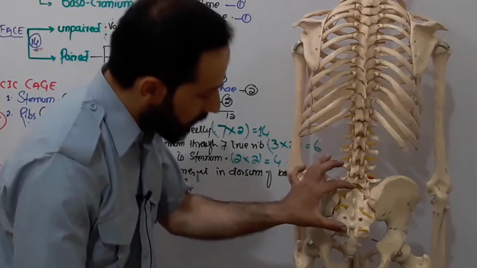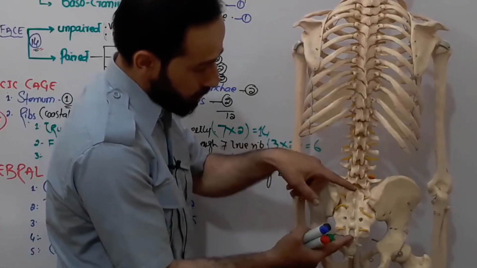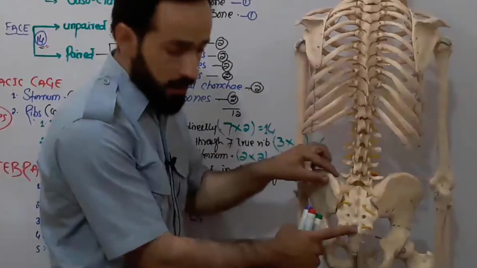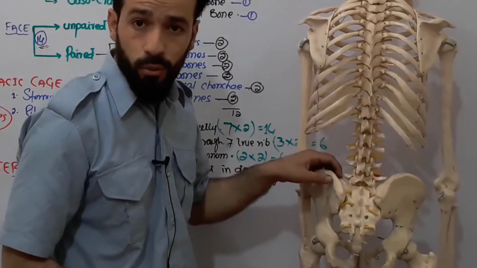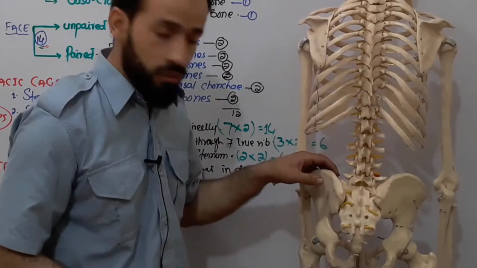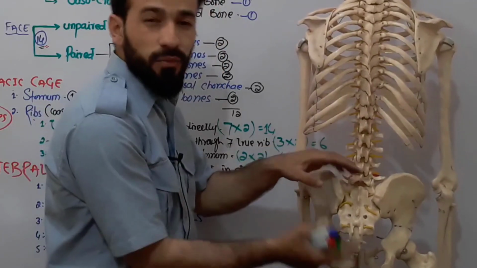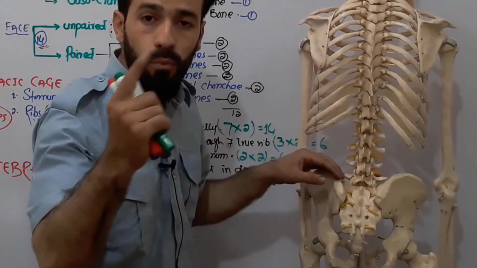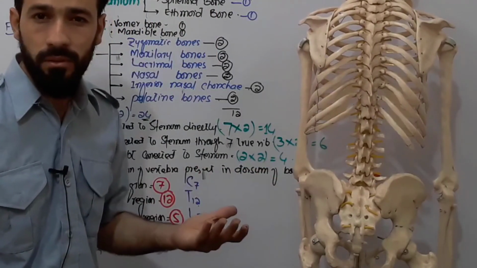So how many sacral vertebra? We have 5 sacral, 1, 2, 3, 4 and 5. And how many coccygeal? We have 1, 2, 3, 4 coccyx bones. So total 5 and 4, 9, and all these 9 fuse together and they make one bone, which is called the sacral bone or coccygeal bone, right friends?